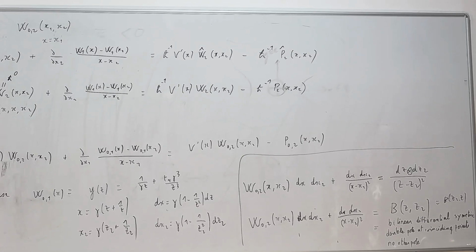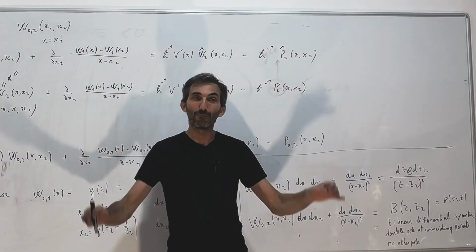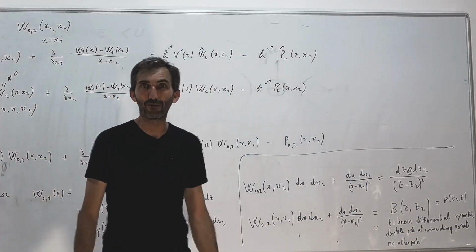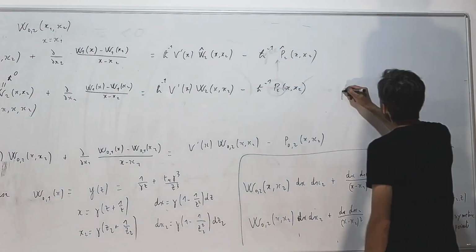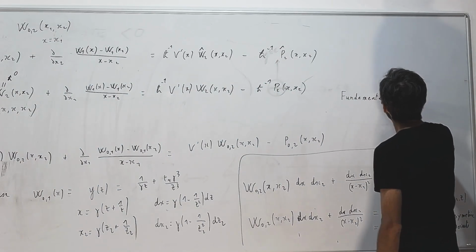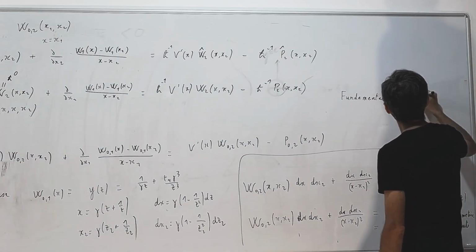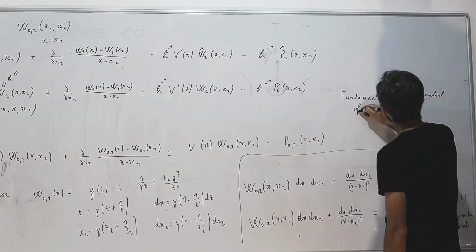In fact, I mostly took the name from, so this thing appeared already in papers by Riemann, in the works of Riemann, and Riemann called it the fundamental bidifferential of the second kind.